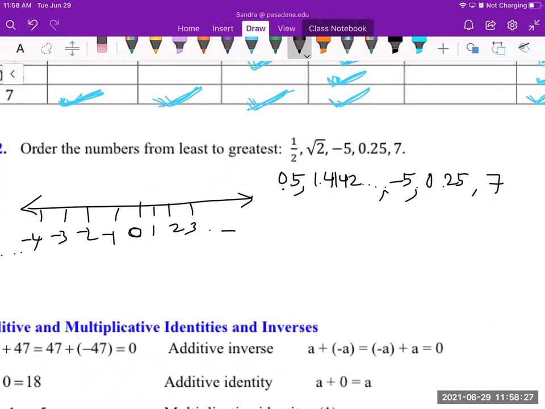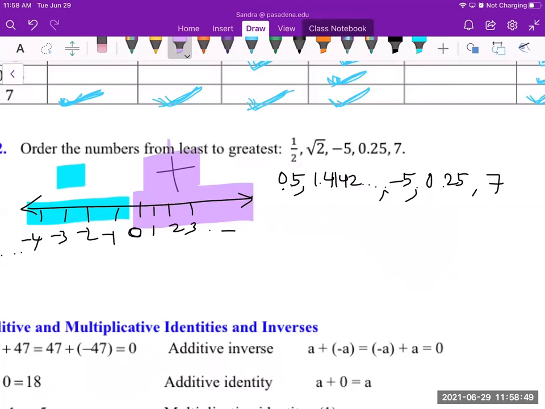Over here on the right side, they're all the positive numbers. And on the left side, we have all the negative numbers. Of course, the positive is going to be bigger than the negative.